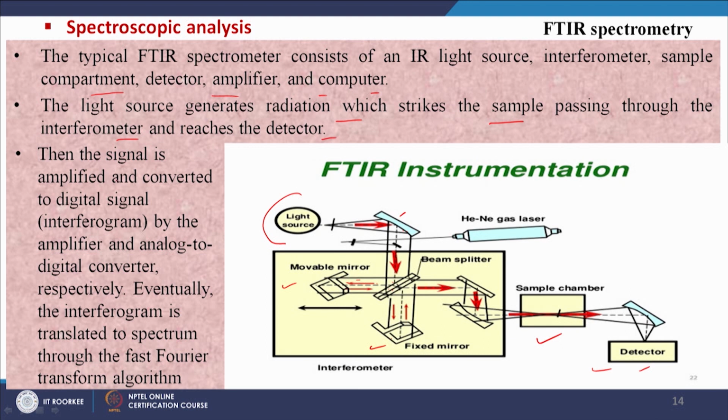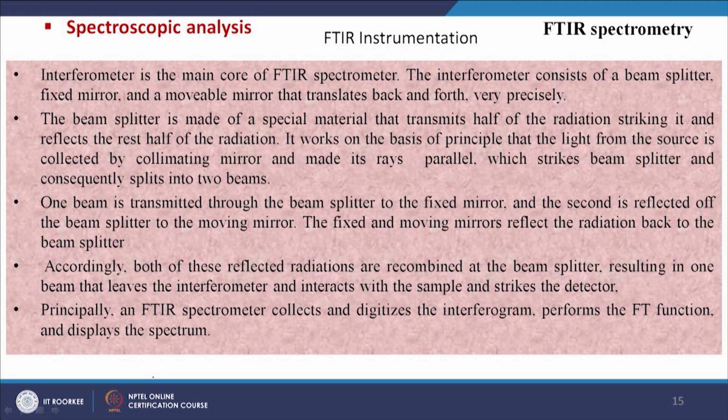Then the signal is amplified and converted to a digital signal by the amplifier and analog to digital converter respectively, and eventually the interferogram is translated to a spectrum through the fast Fourier transform algorithm. So, that is why it is called FTIR, and the interferometer is the main core of the FTIR spectrophotometer.